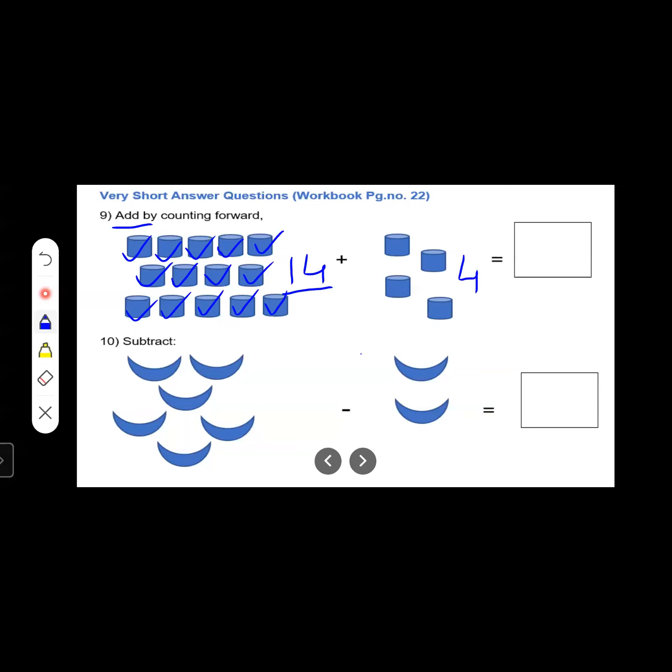Which number comes after 14? 15, 16, 17, 18. Again count after 14. 15, 16, 17, 18. So 14 plus 4 is equals to 18. 1, 8, 18. Understood this sum?